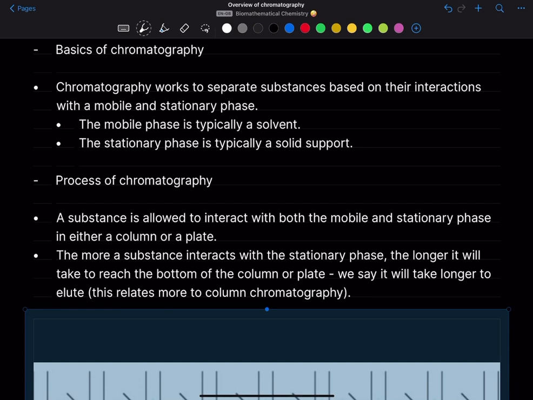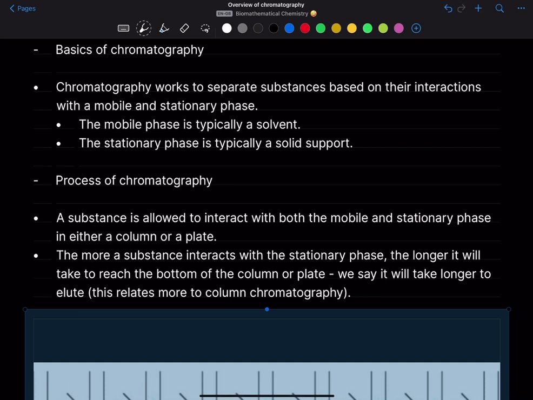For example, in the paper chromatography you're used to from GCSE, a compound with a stronger affinity to the mobile phase compared to the stationary phase will move higher up the chromatogram than a compound with a stronger affinity to the stationary phase, the solid support, which won't move that far up.